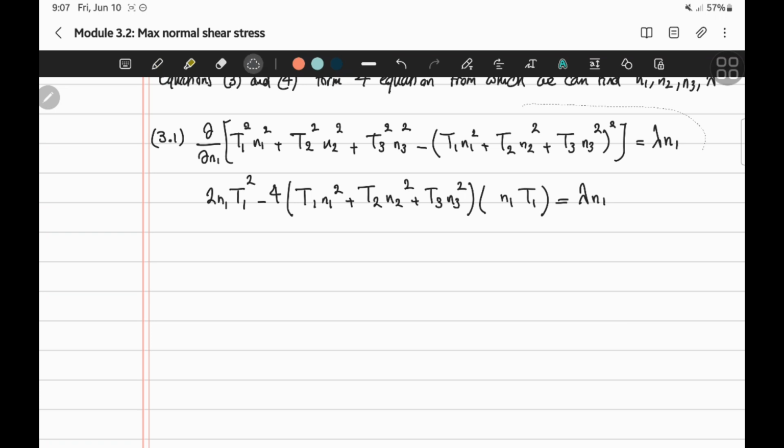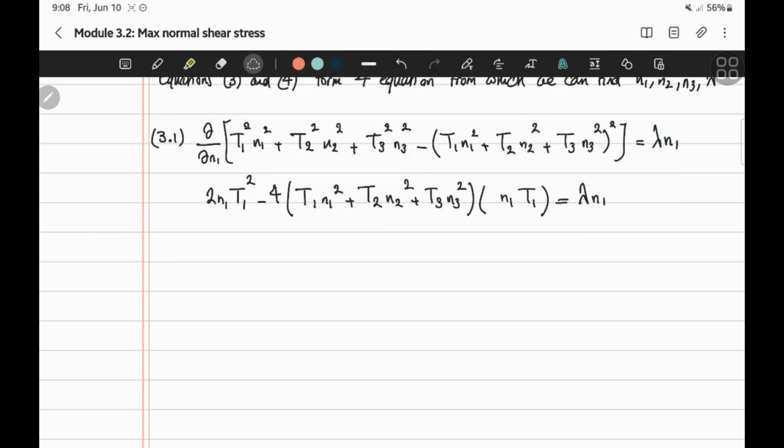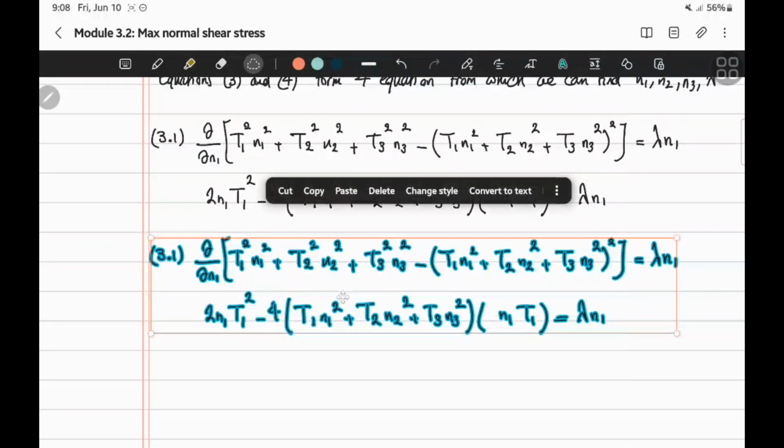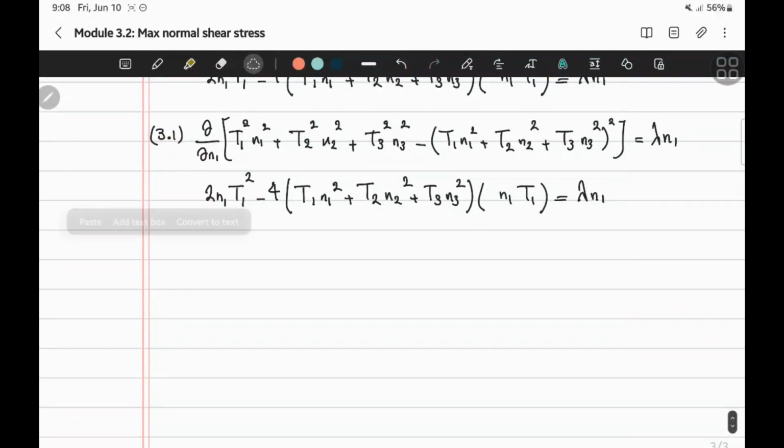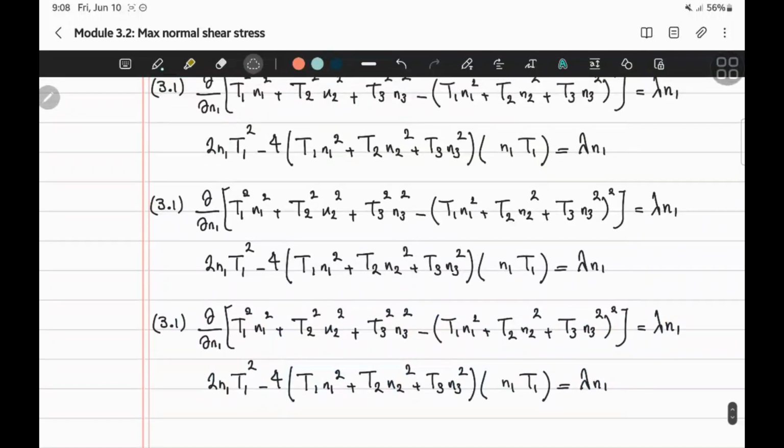So if I repeat this here, and then here, so I will have 3.2. It is a partial derivative of tau s squared with respect to n2. And this is, of course, lambda n2.